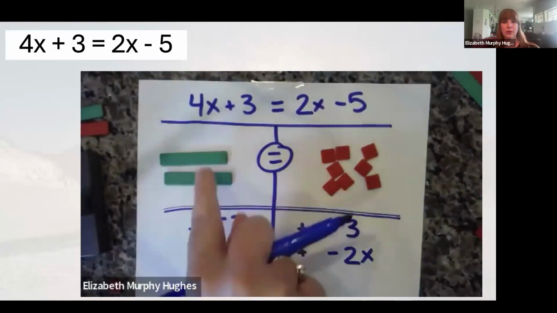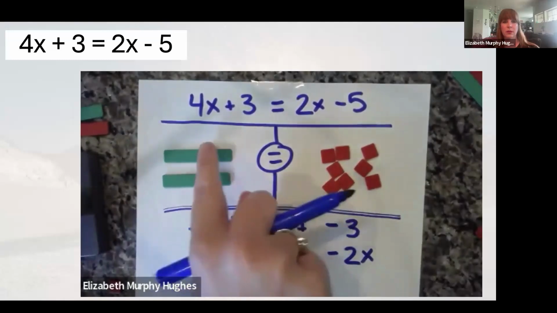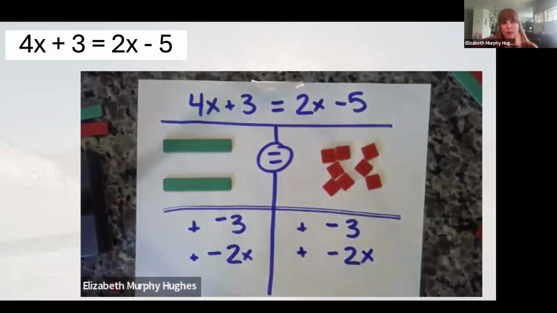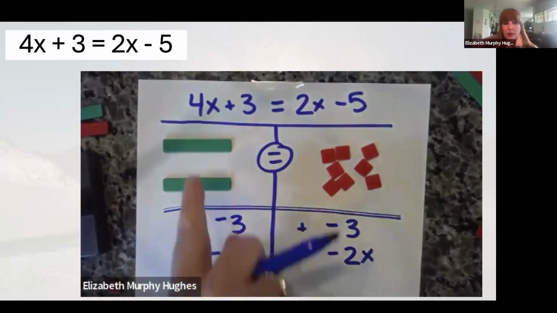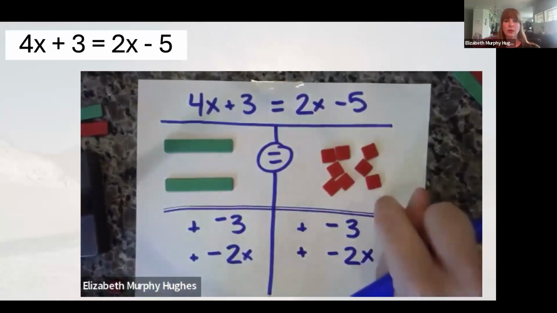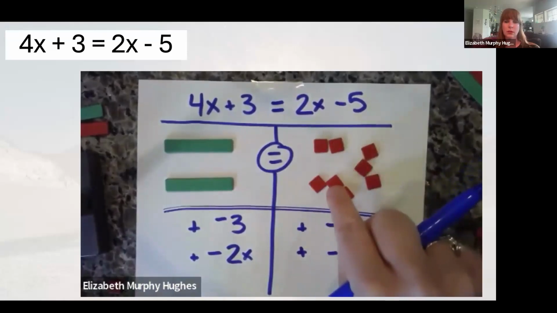And here, my coefficient is 2. My variable is x. I'm going to divide this into 2 groups so that I can isolate x and just get 1 x there. So I divided 2x into 2 groups, and now I'm going to divide my negative 8 equally between these 2 groups.